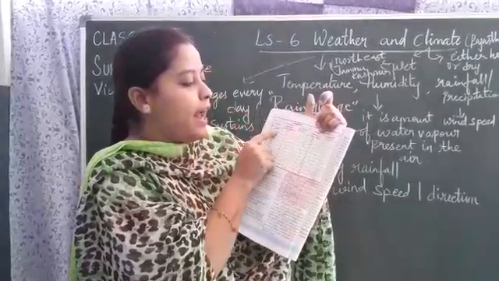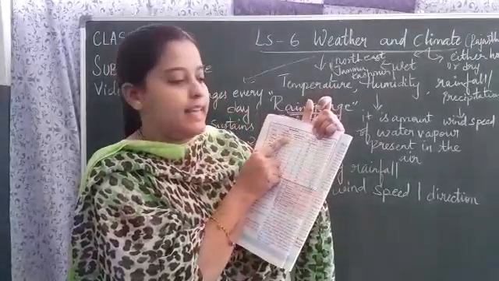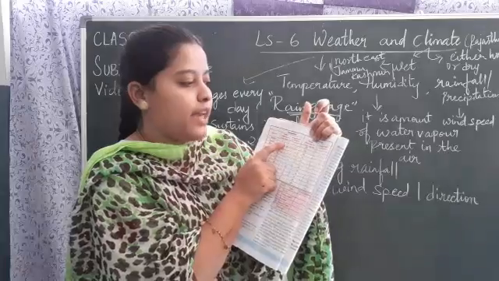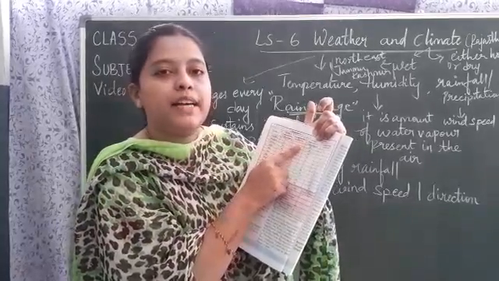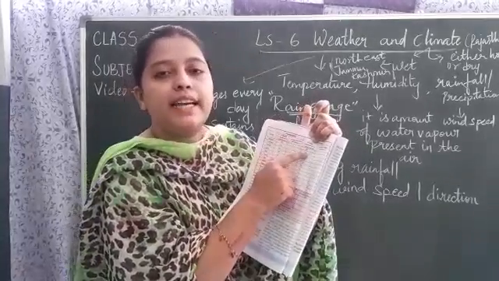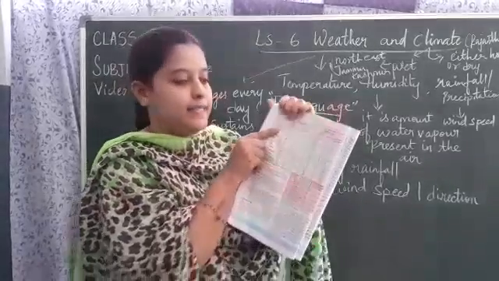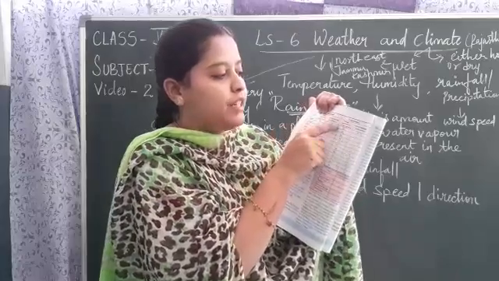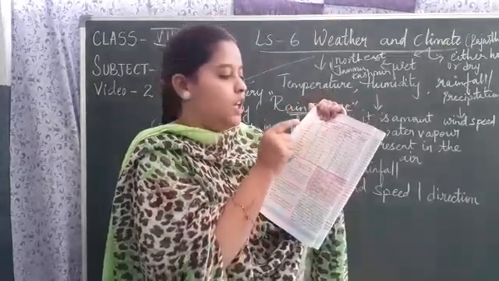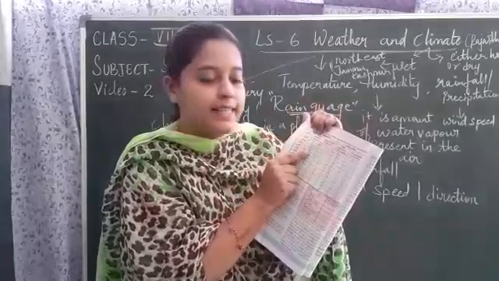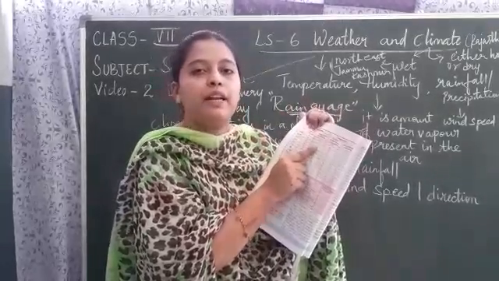In the month of January, the temperature is 30 degrees Celsius and the average rainfall is 1 millimeter. In February it is 32 degrees Celsius, and the average rainfall is nothing. Then in March it is 34 degrees Celsius, and the average rainfall is high.